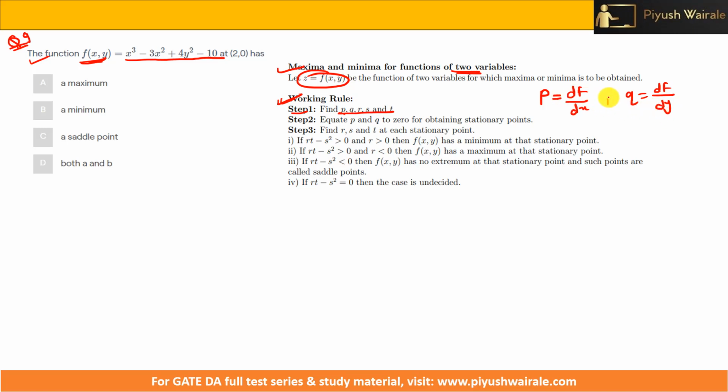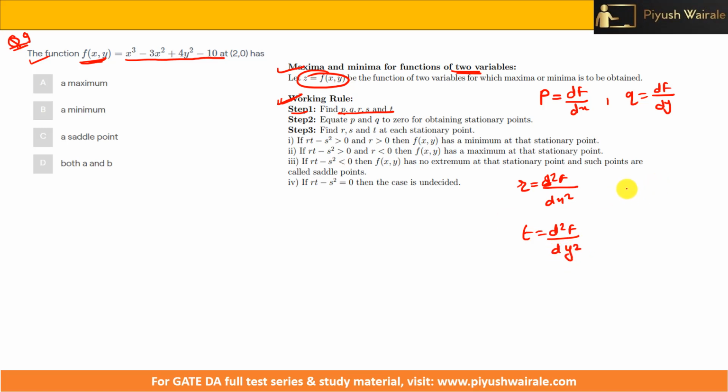And what are r, s and t? r is the double differentiation of this function, d2f by dx square. t is the double differentiation with respect to y, that is d2f by dy square.